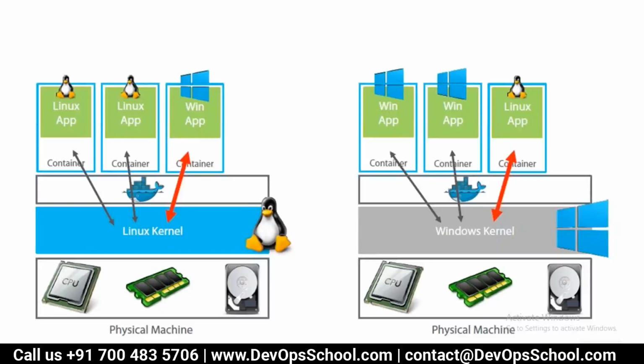Rajesh, for example, if you build a container on a Linux kernel, the same container cannot be accessed on a Windows kernel, isn't it? Yes. When you run a Linux container, you cannot run it on the Windows engine. In a simple way, say you create a container which is a Linux app.